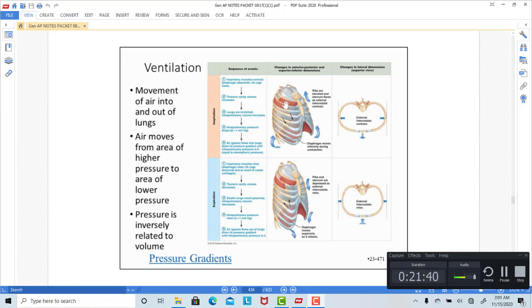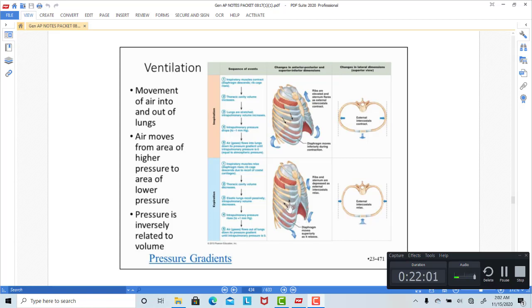When the external intercostals contract, the ribs move outward. It makes the chest cavity nice and big and wide, and the volume inside increases. When the diaphragm contracts, it moves down, and that too provides more volume inside the chest cavity.